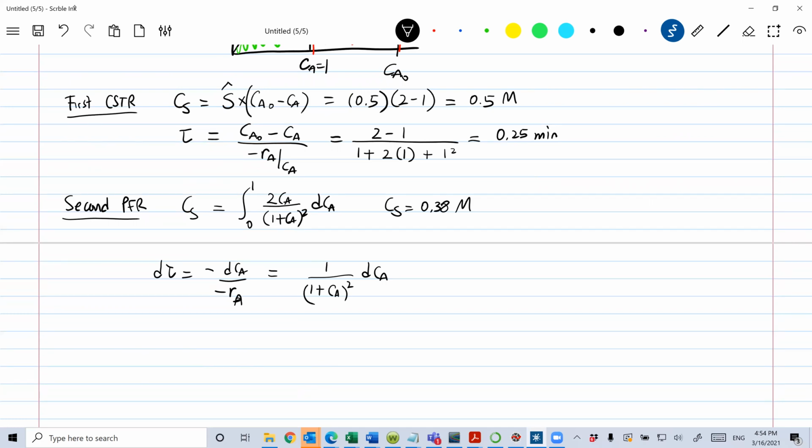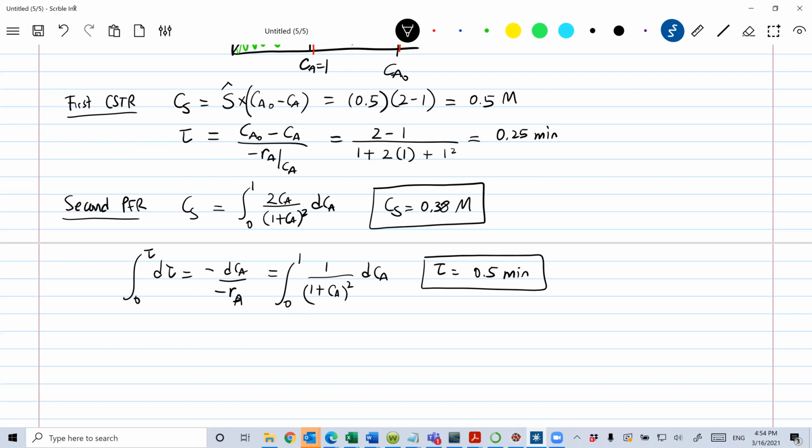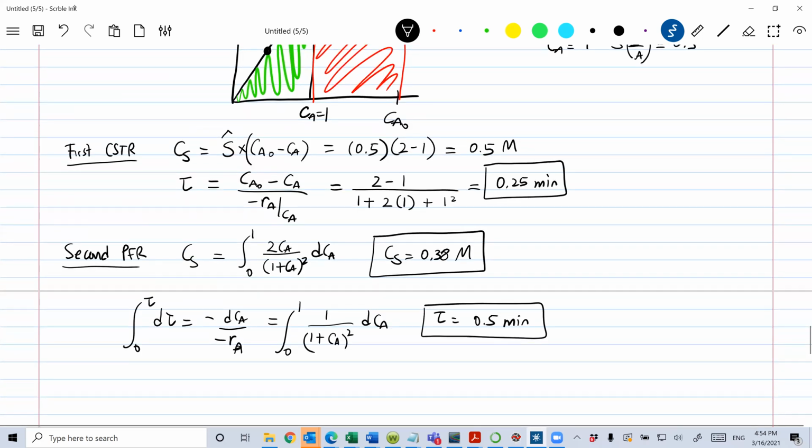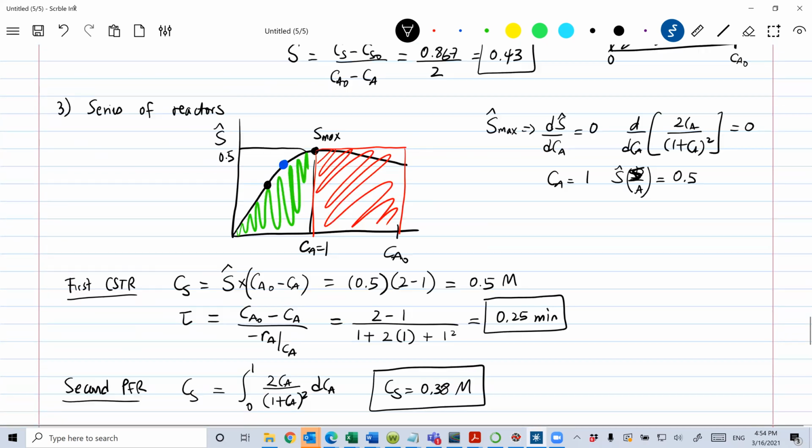And then you can integrate both sides, here from 0 to tau, here from 0 to 1. And that gives you a tau of 0.5 minutes. So you can size reactors, you can get the concentrations of things coming out, without introducing space-time as one of your variables in the beginning.